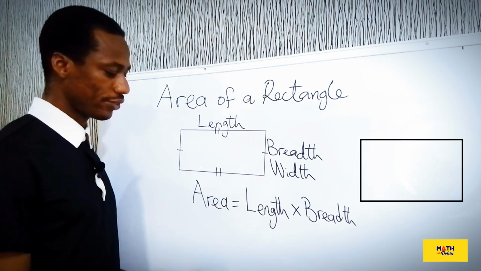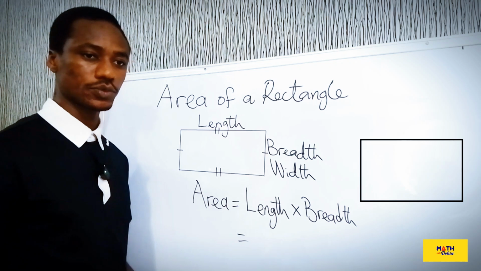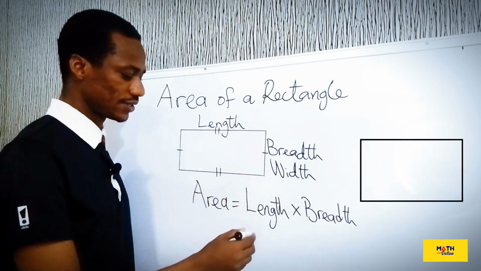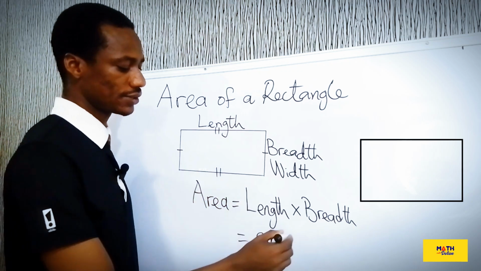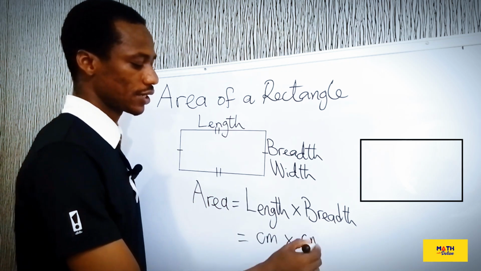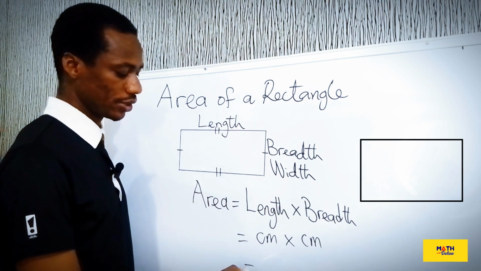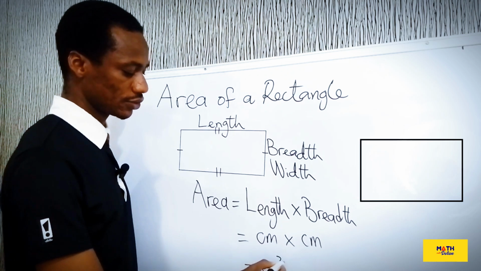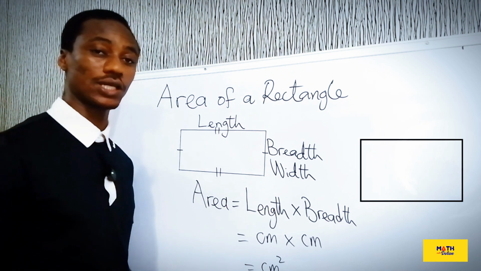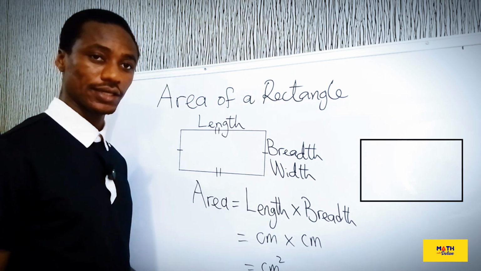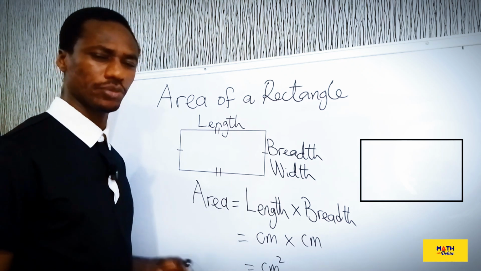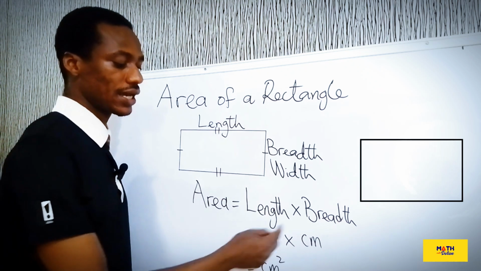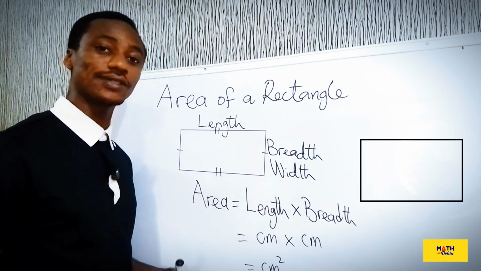And then another thing you should note is the unit. So if we measure this in centimeters, that means we're going to have centimeters times centimeters, and that will be in centimeters squared. So the unit for calculating area is squared, all right? If you're working with meters, you're going to have meters times meters, you have meters squared.